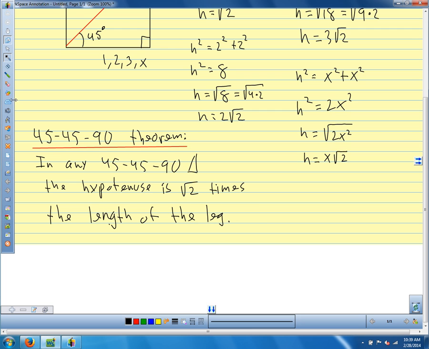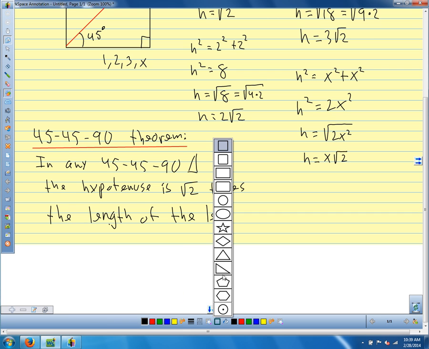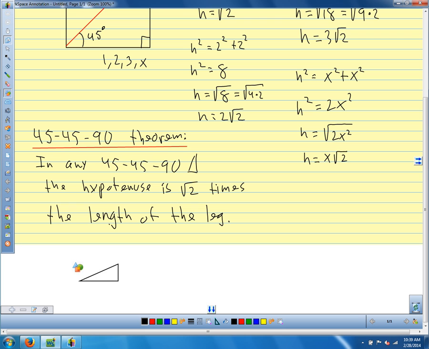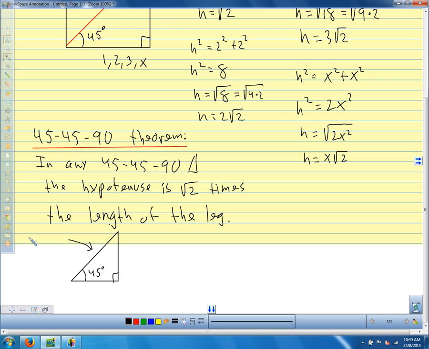And we draw a quick picture here just as a reminder what we mean by the leg. So for a 45, 45, 90 triangle, that side is the hypotenuse, across from the right angle.